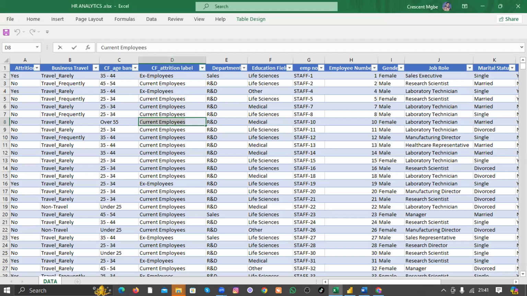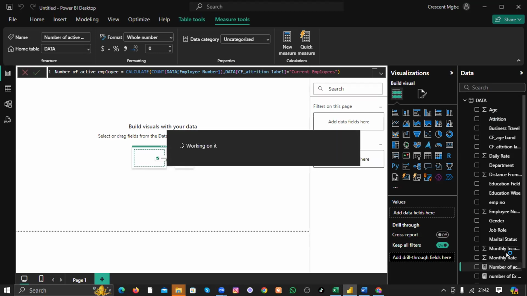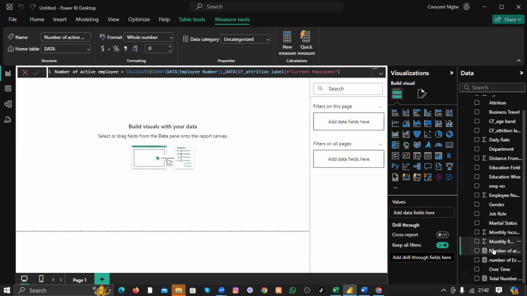I just want to copy so that I don't make mistakes, because if you make a mistake with the spelling, it will not work. So we want it to give us the count number of employees that are currently working with us. So hit enter. It will now create that measure for us.